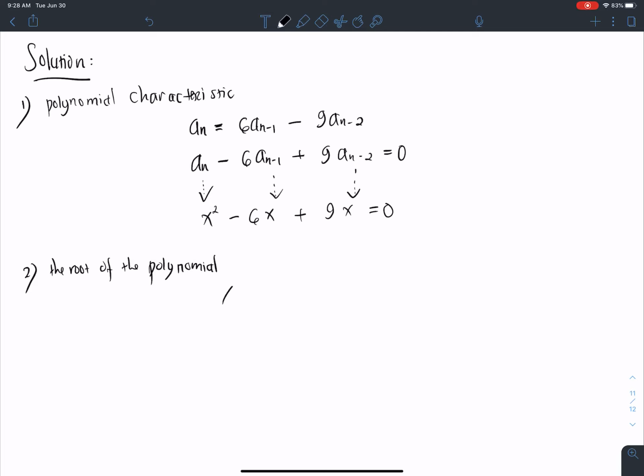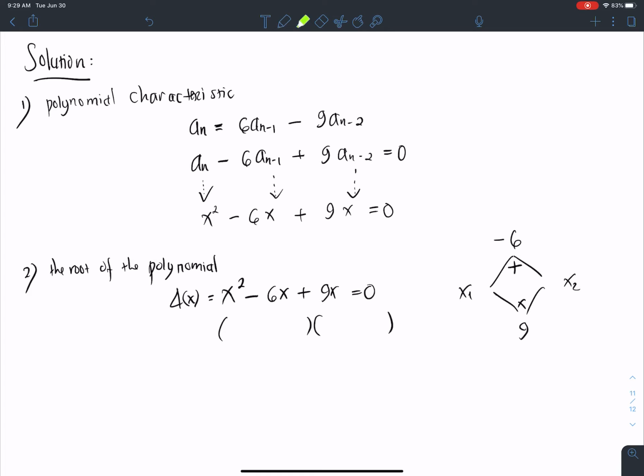So we have x squared minus 6x plus 9 equal to 0. The roots: any two numbers that add to minus 6, but when multiplied must give 9. What will those numbers be? Easier is to find the factorization of 9.